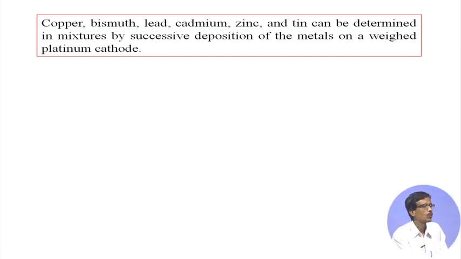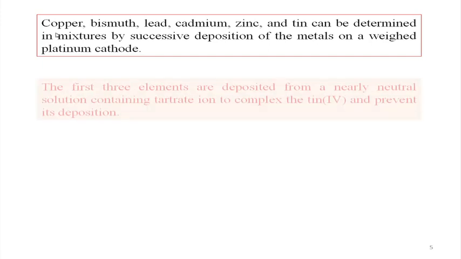Now, what I just told you is that you can deposit copper on platinum, and you can deposit all the other metal ions on the same platinum cathode, but how do I do that? Therefore, we should know the corresponding potential values for these electrode depositions, because we have seen copper at a particular potential, but for the others we do not know yet.